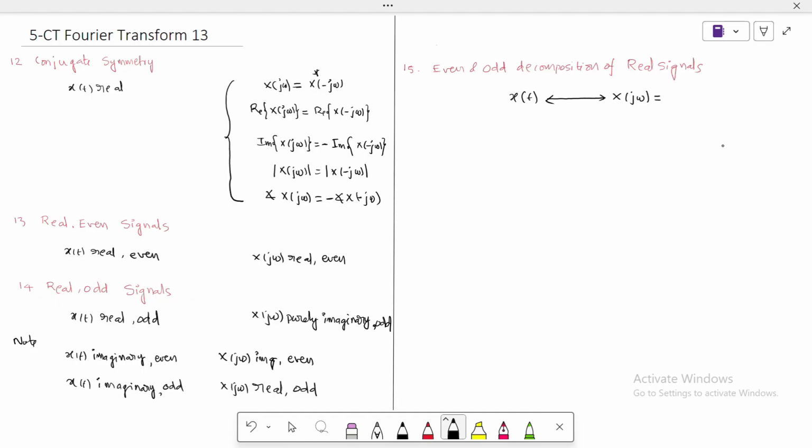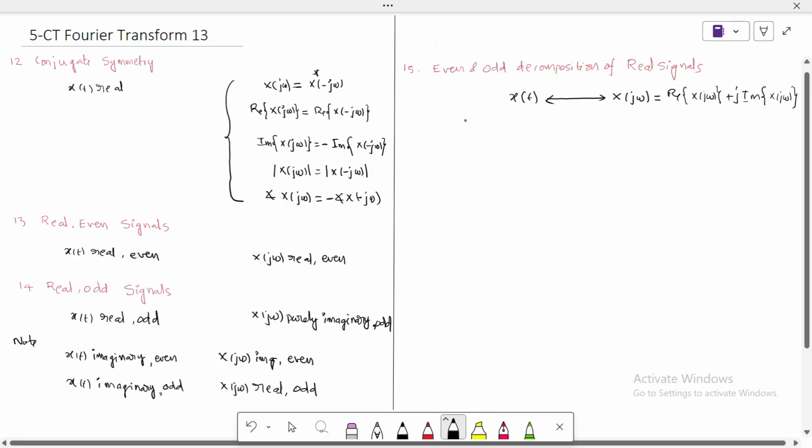So for the complex signal, that is the real part of X of j omega plus j into the imaginary part of X of j omega.